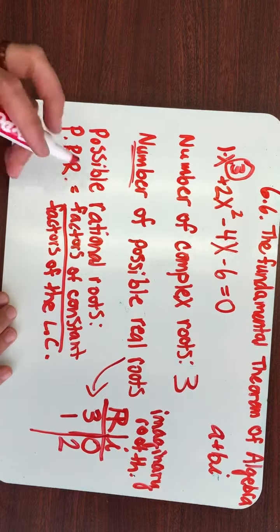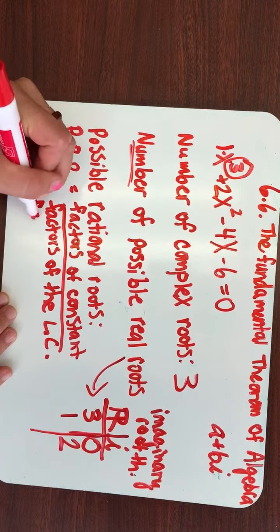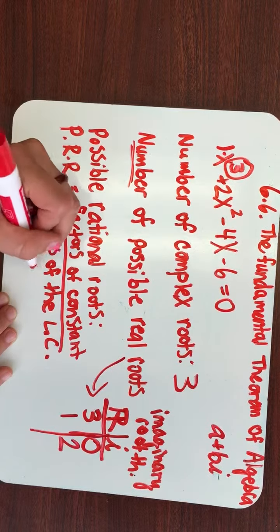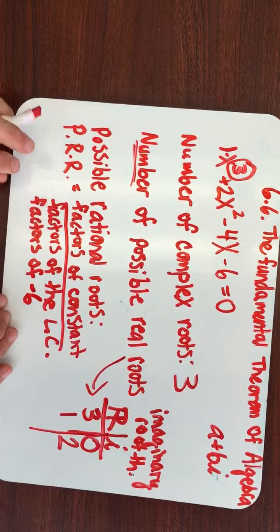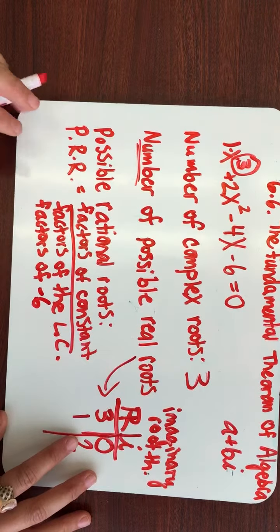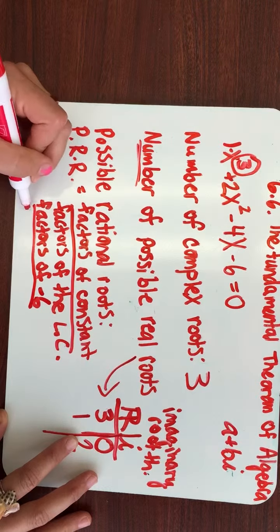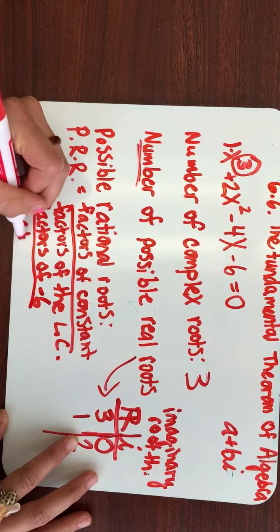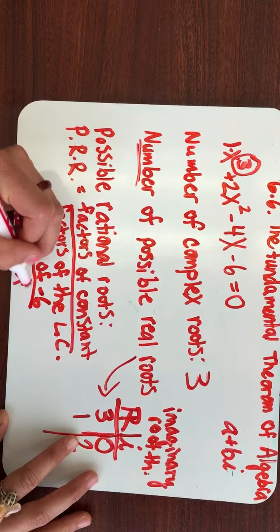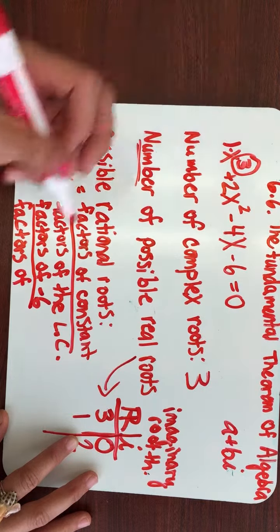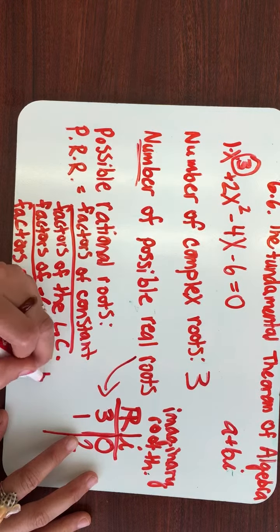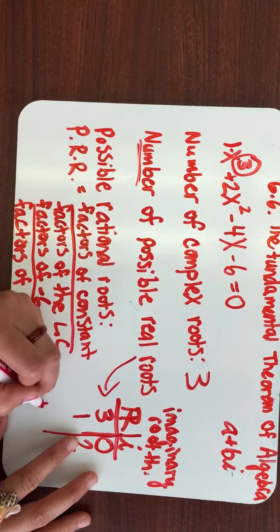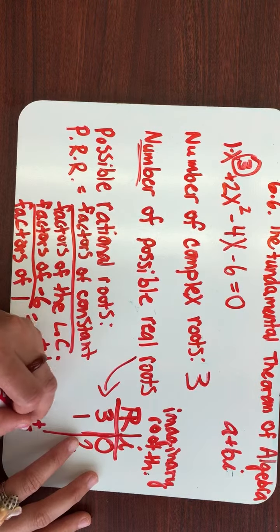So we're going to list the factors of our constant, which is a negative 6, over the factors of our leading coefficient, which is a 1. So list those out: plus or minus 1, 2, 3, and 6.